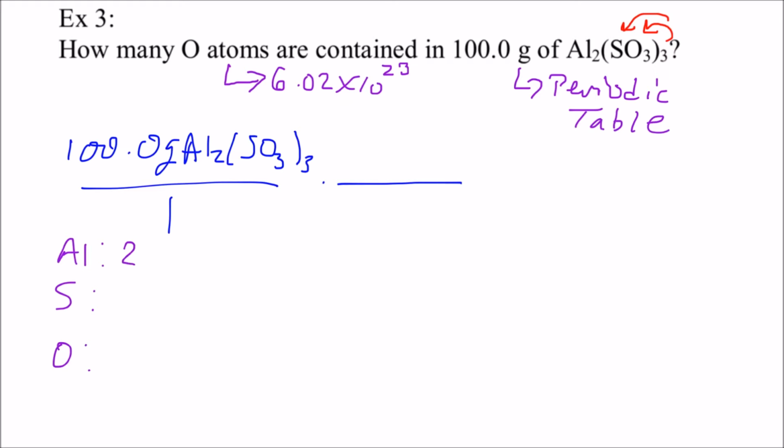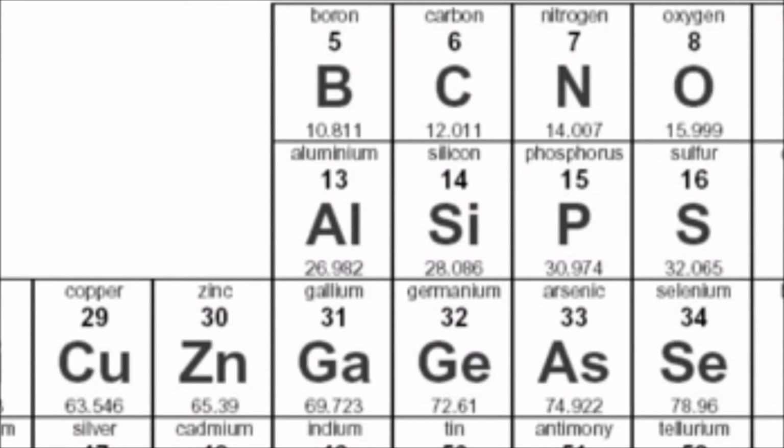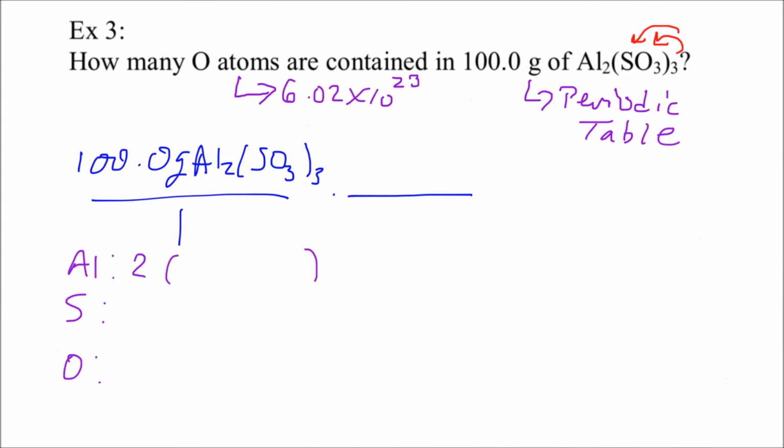There are 2 aluminums, and we need to go see what the molar mass of aluminum is. Aluminum has a molar mass of 26.982. So we're going to put the 26.982, and remember that's grams per mole is the unit for molar mass there. Now we need to do sulfur.